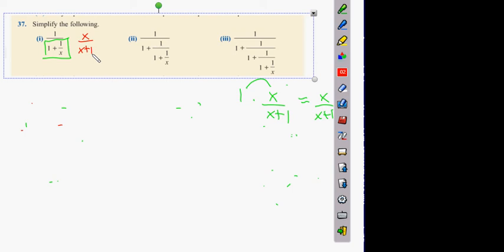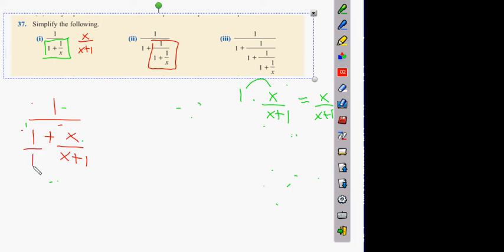What can I turn this part into in the next question? I can turn it into the answer of part 1. So the next question looks like this. Everybody agree with that?